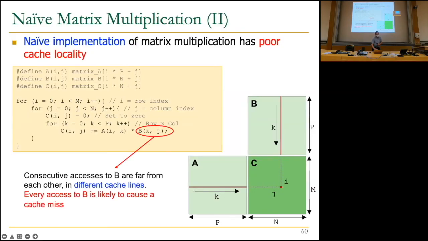There are also other issues: consecutive accesses to B are far away from each other, in different cache lines. Every access to B is likely to cause a cache miss, depending on the layout, of course. In this case, we're assuming row major layout. That's why going through the columns leads to cache misses.